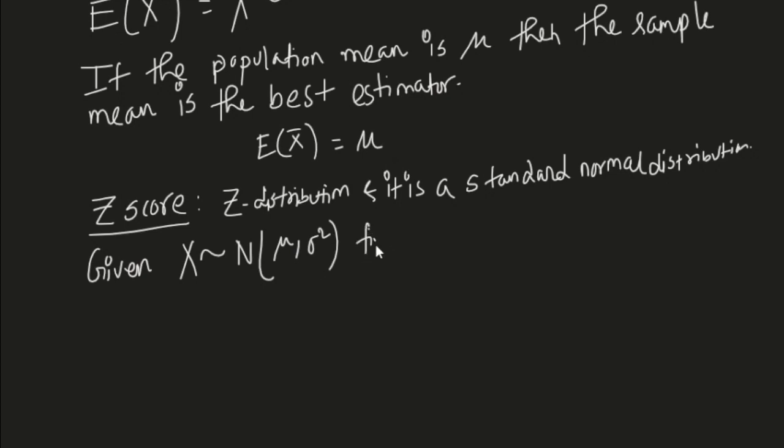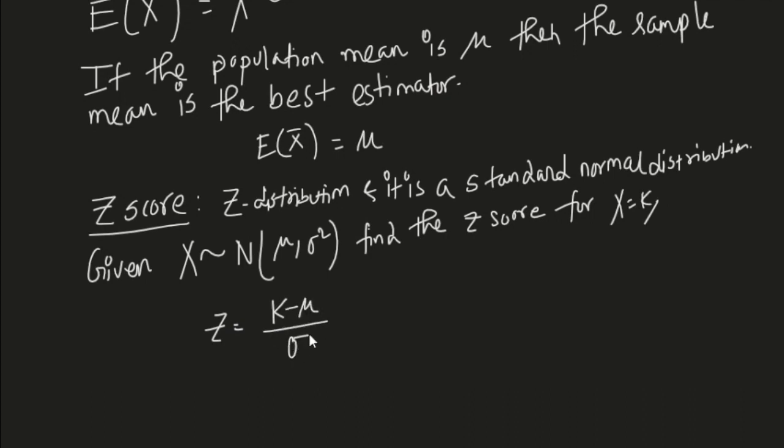Okay, find the z-score for, okay, so we want to find the z-score for some value, and we are not entirely sure how to do that. But if you are asked to find the z-score for some x equals k, then the z-score for x equals k would be (k minus mu) by sigma. This is the z-score.